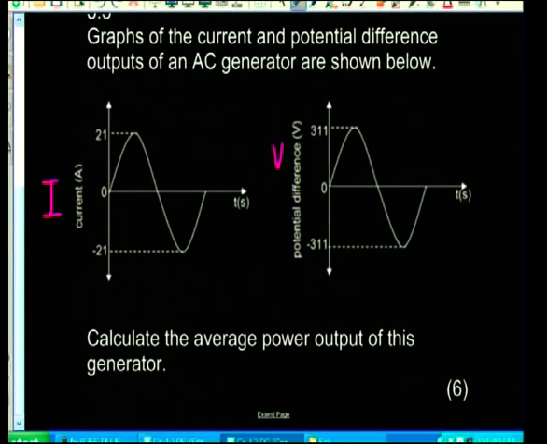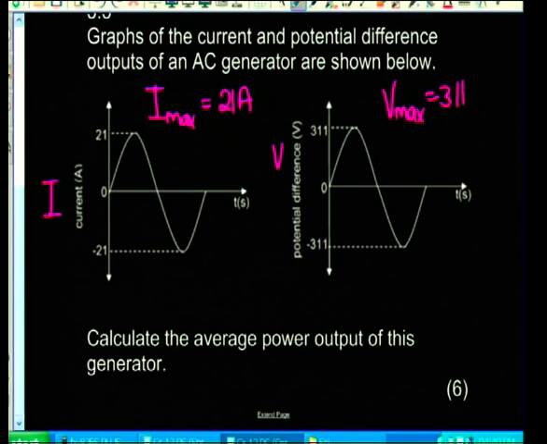What these graphs are showing me is they're showing me the maximum current and the maximum voltage. Positive, negative, both sides, okay? So what they're saying is we can say, okay, Imax is 21 and Vmax is 311. Now we go, okay, they want average power.